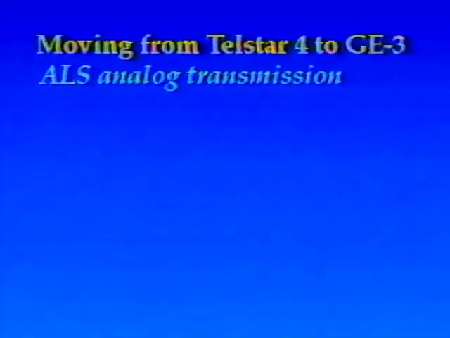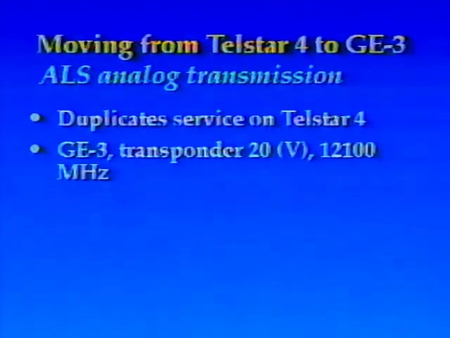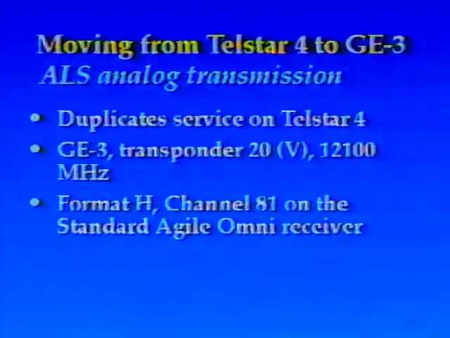At the same time you find that Digicipher I feed, you'll find an ALS analog transmission. It's an exact duplicate of the feed on Telstar 4. It's on GE3, transponder 20, vertical, 12100 megahertz center frequency. We ask and hope that you will use a standard receiver, because National Datacast would like you to do that because of its better handling of the VBI.